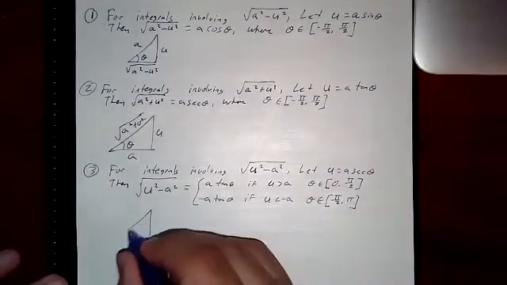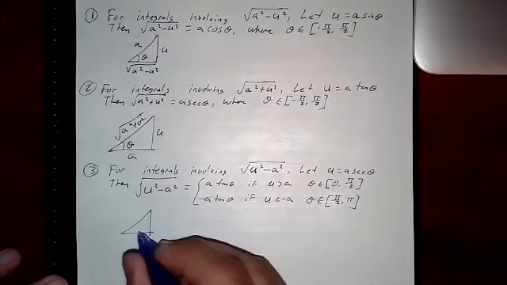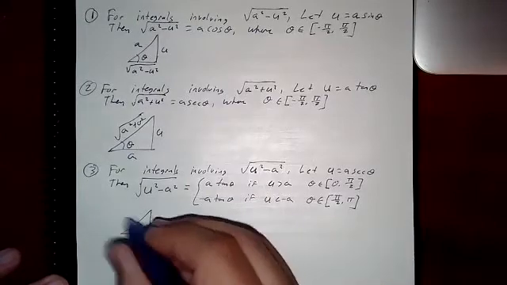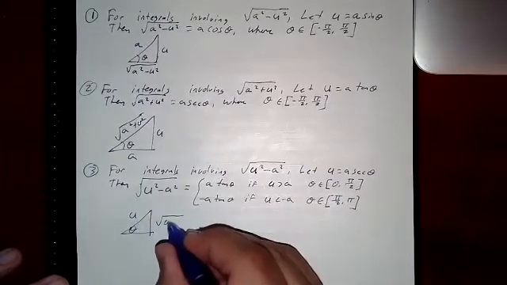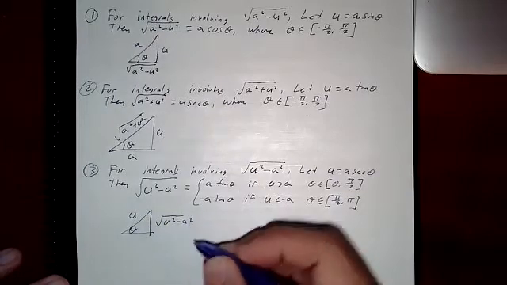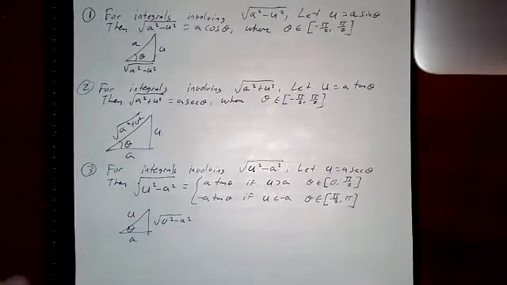Triangle would look like this. Theta, u, square root of u squared minus a squared. Okay.